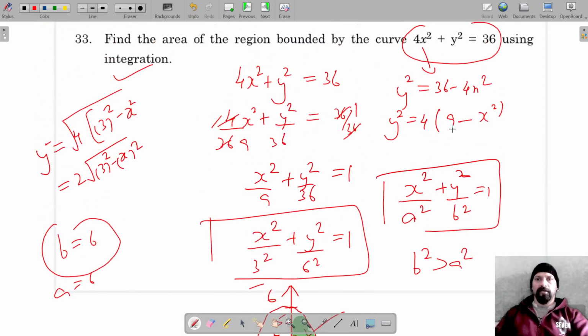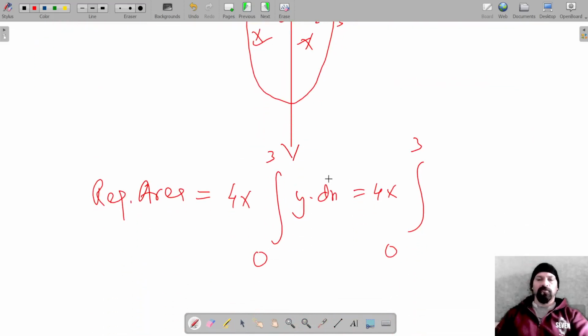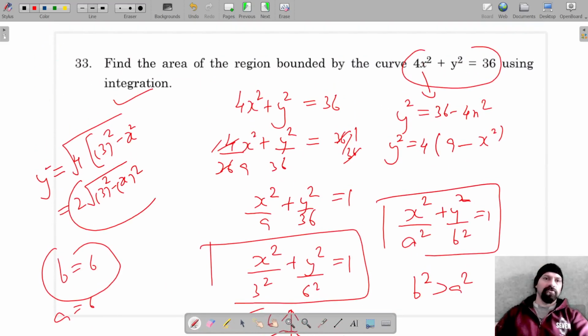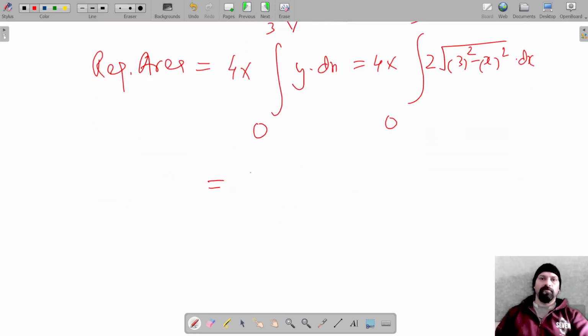Now we have already taken 4 out here. So the integral is 4 into 2 under root of 3 square minus x square into dx, which gives me 4 times 2 is 8.